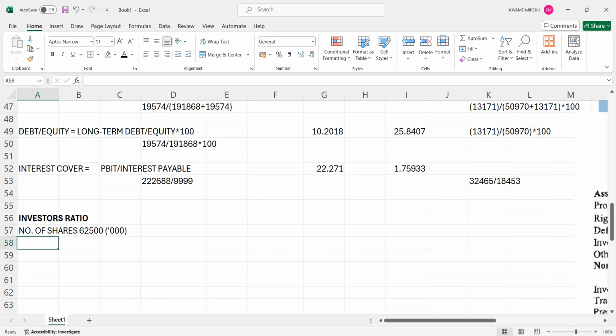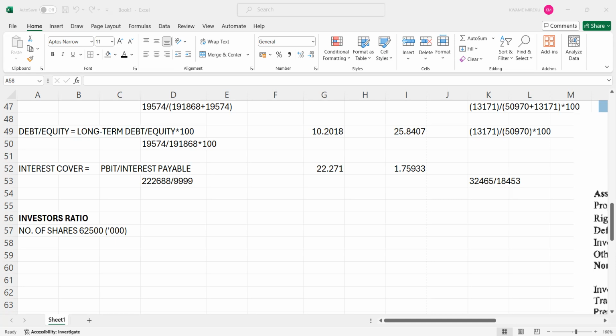So now let's go on and work out the ratios. So let's see. The first one, we would do the return on equity.